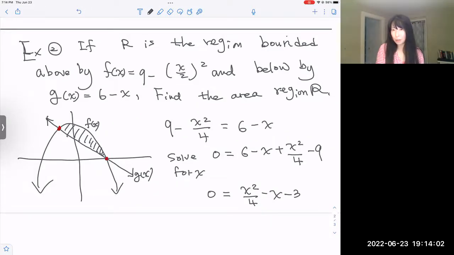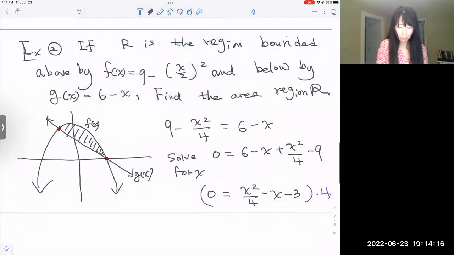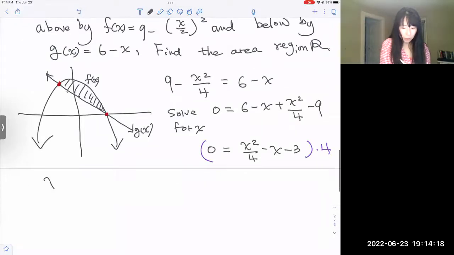But we have a fraction, we don't want that, so we multiply by 4. So we have x squared minus 4x minus 12 equal to 0.